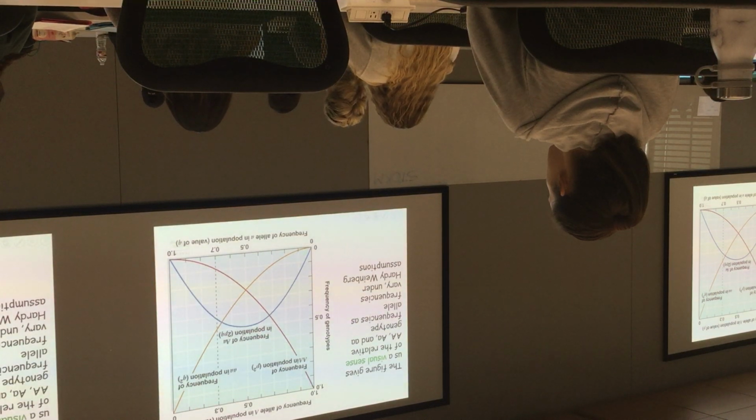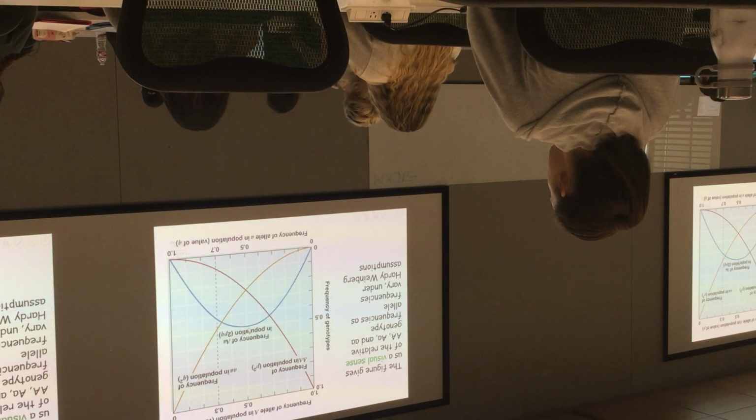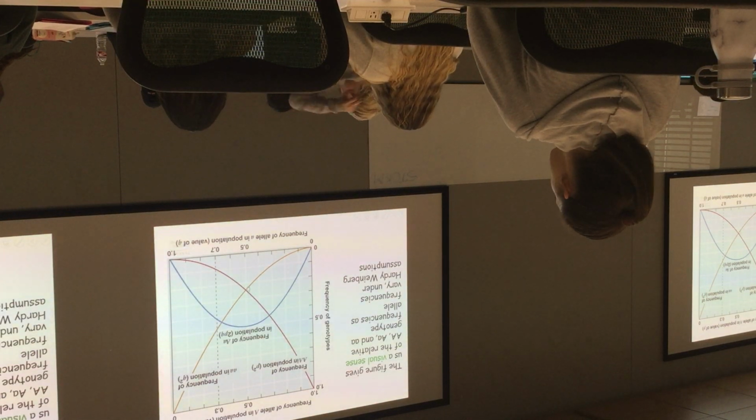Okay? And so let's say this position here is a unique point where you have half P, half Q. Here you have the maximum number of heterozygotes, and you have equal numbers of homozygous dominant and homozygous recessive. So that's a notable position on the graph.